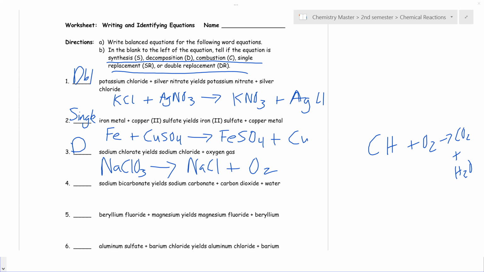All right. Let's do number 5 and then we'll be done. Beryllium fluoride, BeF2 plus Mg yields MgF. All right. I'll go ahead and write this one too. Na.